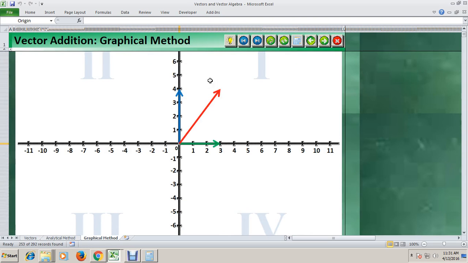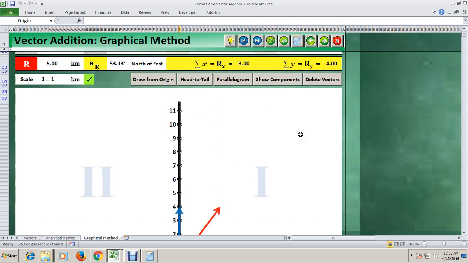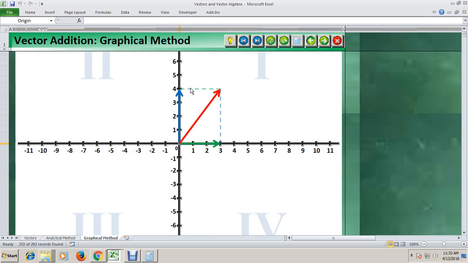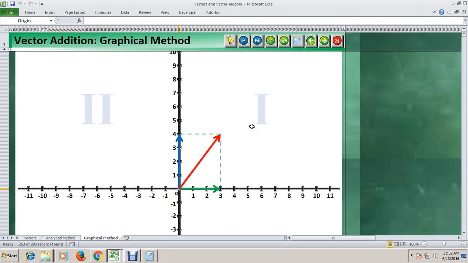The resultant vector is represented by the red arrow. If you use the parallelogram method for this one, the projections of each of the given vectors point towards the intersection of the projections. The resultant vector points towards that direction, as specified in the parallelogram method.